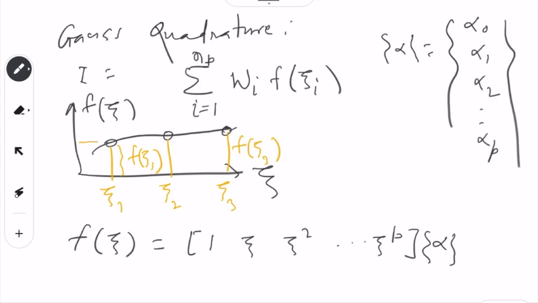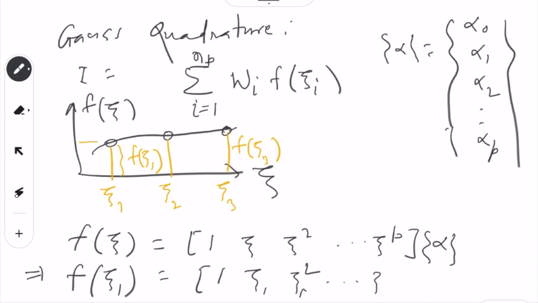If that is the case, then f(xi 1) will be equal to 1, xi 1, xi 1 square and so on, xi 1 to the p, times alpha. And similarly for the others. For xi 2, you just have 2, 2, 2 here. If you have xi 3, you have 3, 3, 3 here. So we can find it out like that.